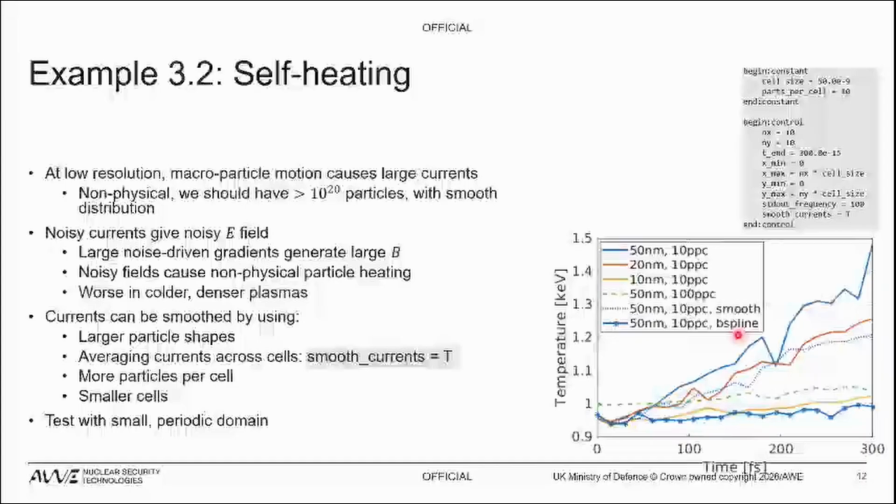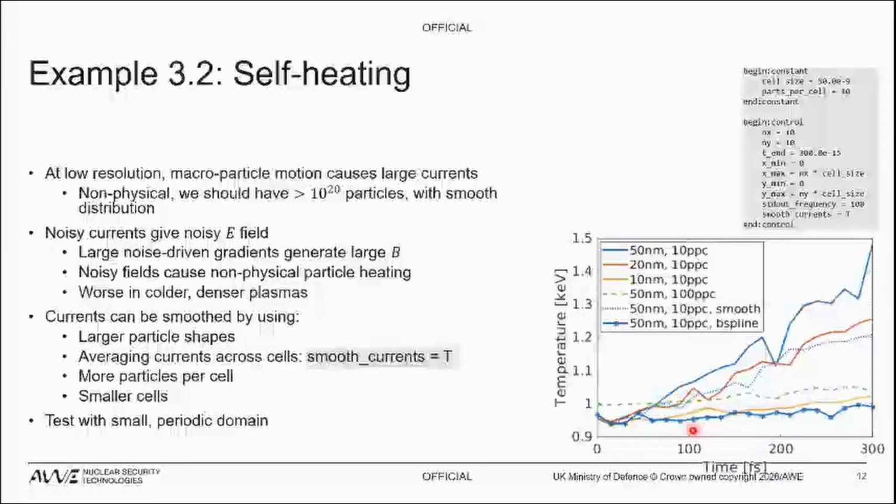All of these come with a cost of runtime. It is the job of the particle in cell coder to balance computational expense with reasonable performance. In this particular case, we have heat. We see even in our best case scenarios, the heating does rise by a few percent.